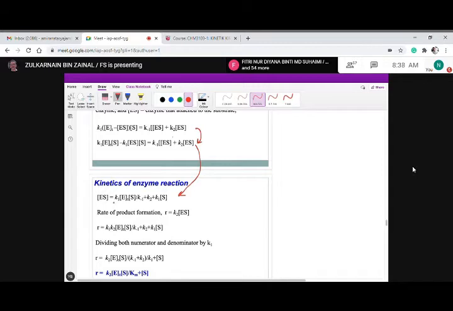So the concentration of ES we can get as, I think better to write properly, K1 times ET times S, minus K1 times ES times S.